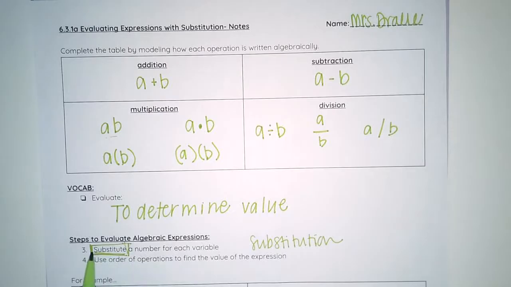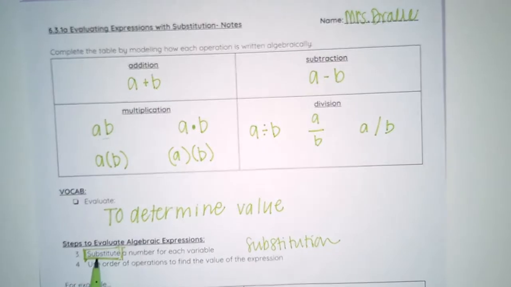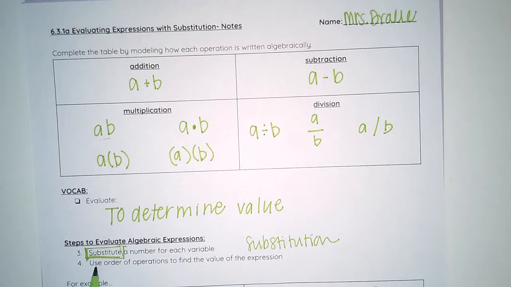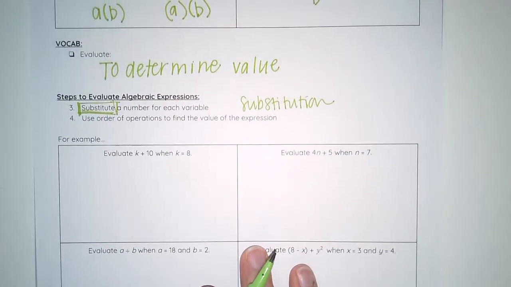So the very first step will be to substitute our number for our variable. Now, we don't always just get to pick. Sometimes it'll tell us what variable that we are substituting in. And then after we've substituted in, then we use our order of operations and evaluate the expression. We find that value. So let's try an example together here.